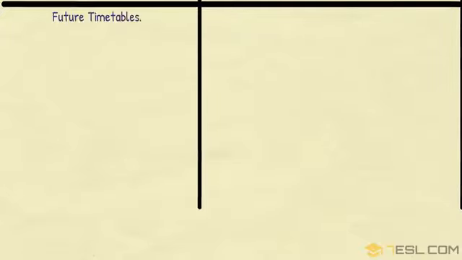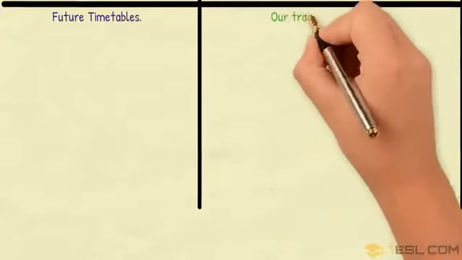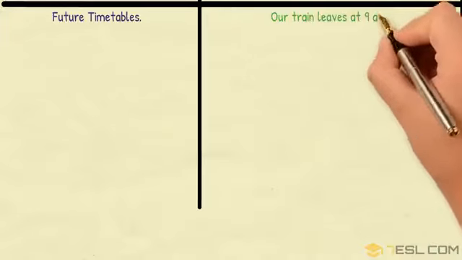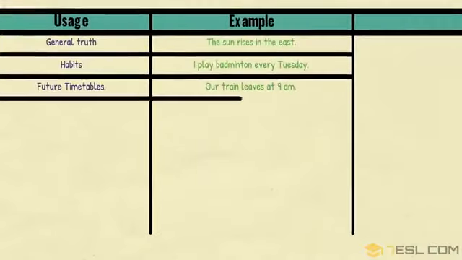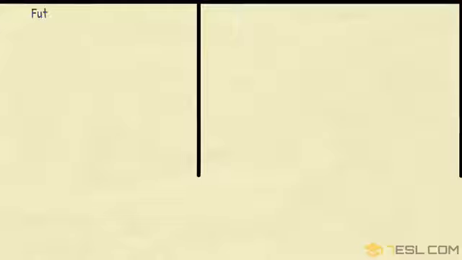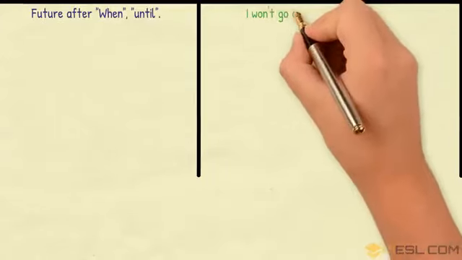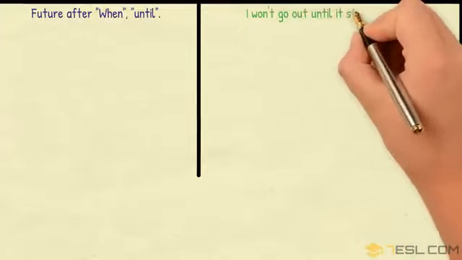Future timetables: our train leaves at 9 a.m. Future after when or until: I won't go out until it stops raining.